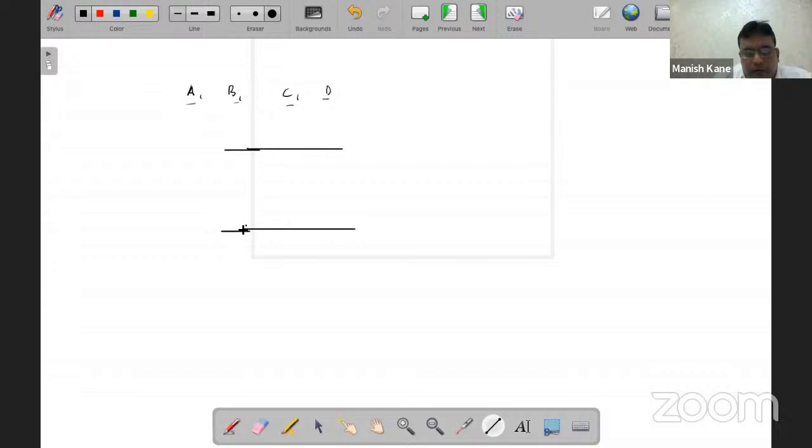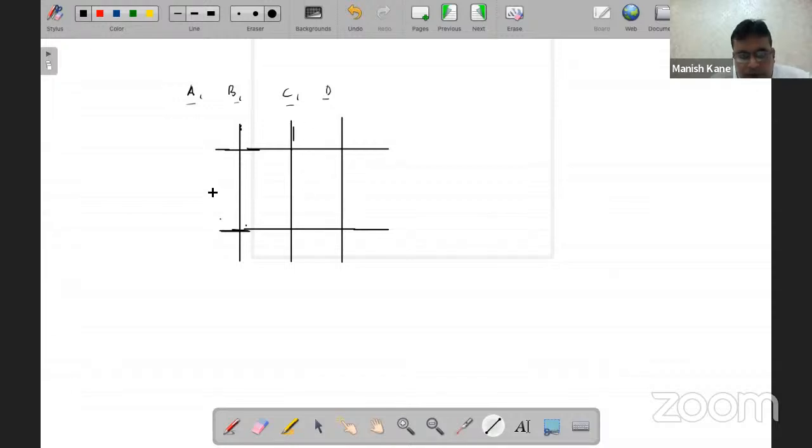So the way to draw a 4-set diagram is you can just draw 2 perpendicular lines like this first. 2 sets of perpendicular lines rather. In fact, we need a longer line here. We need a longer line here too. Once you've done that, draw another line from here and draw a third line in between.